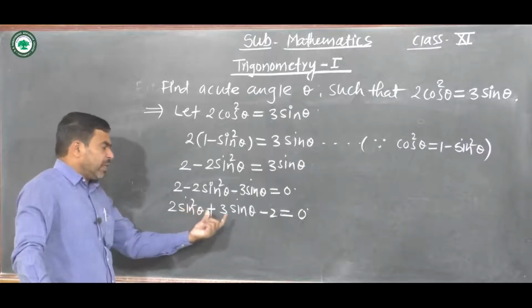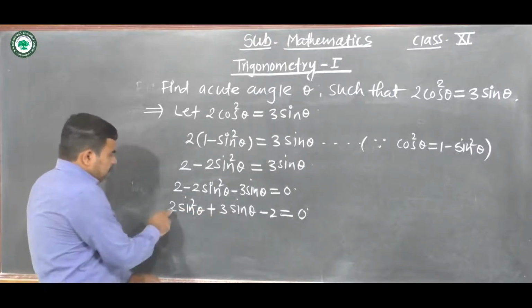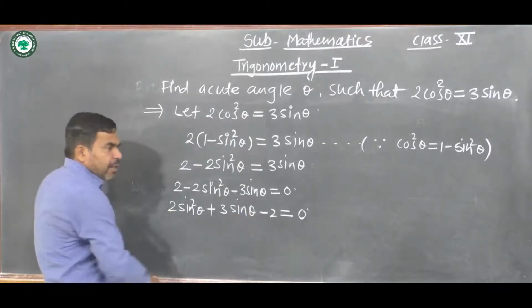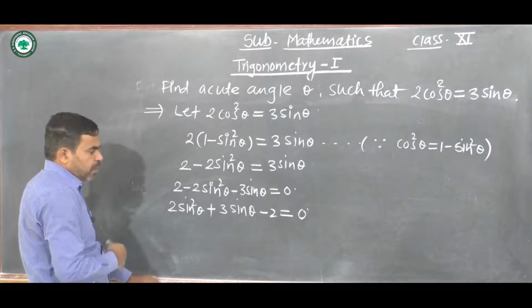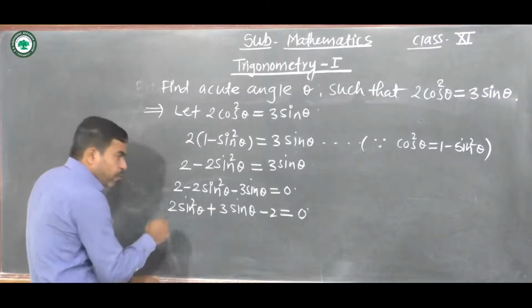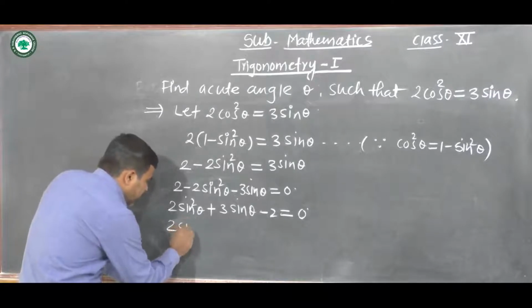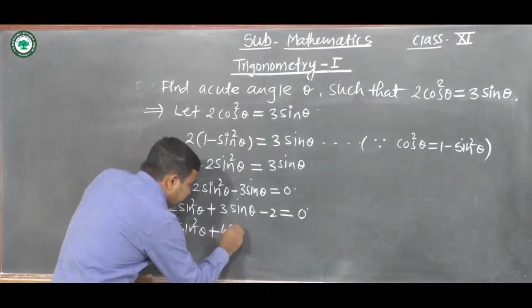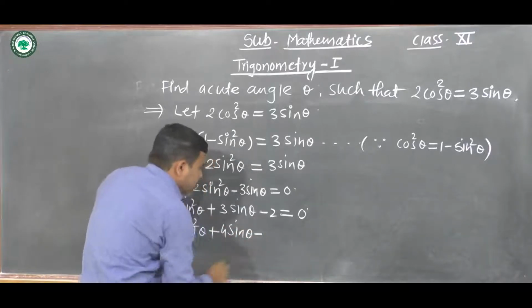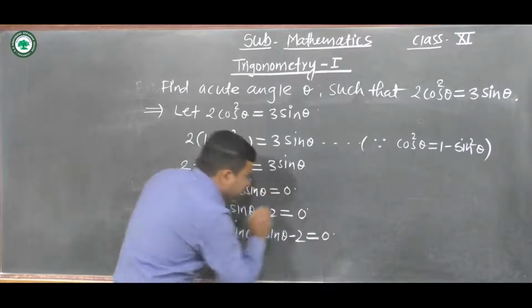Now factorize the middle term. So see, 2 into minus 2 becomes minus 4. So we have to factorize minus 4 whose sum is 3, and it is 4 and minus 1. So it is 2 sin square theta plus 4 sin theta minus sin theta minus 2 is equal to 0.